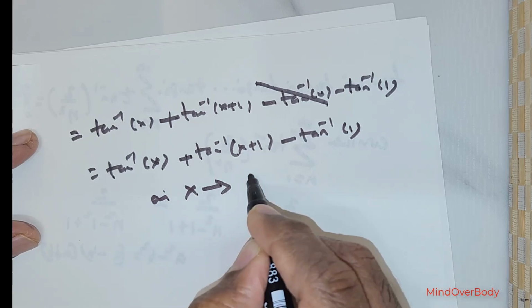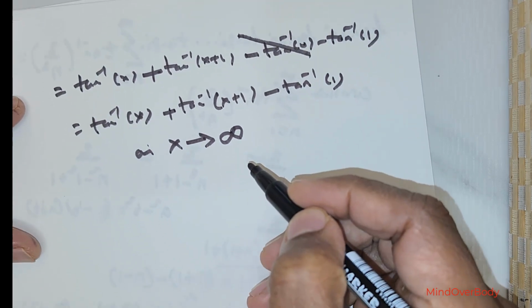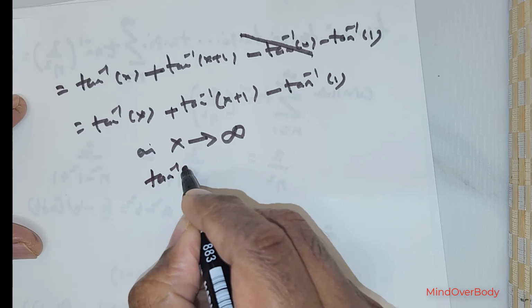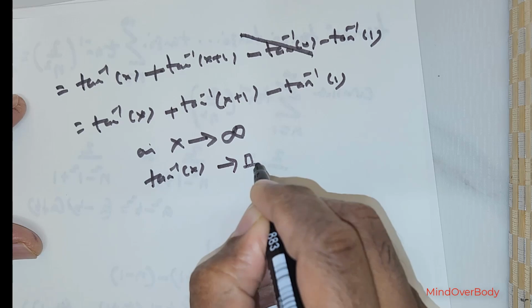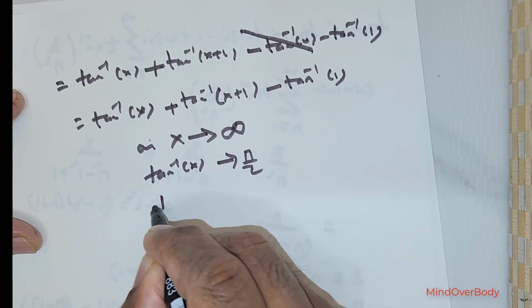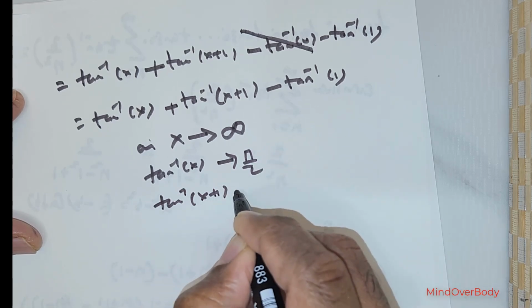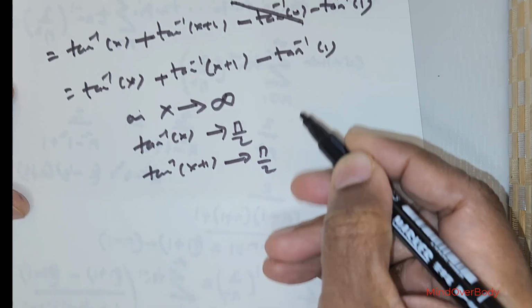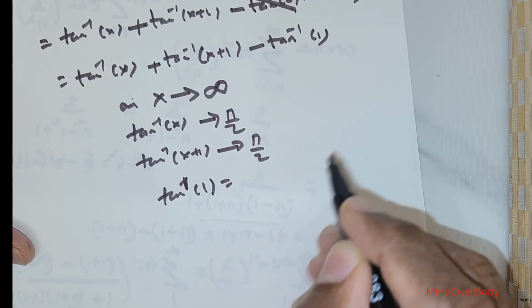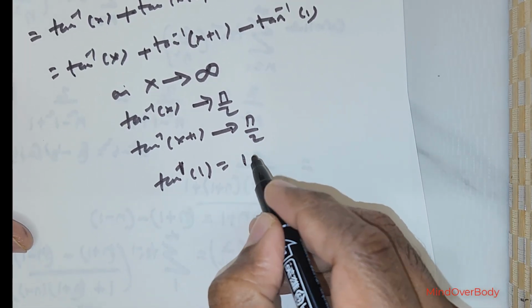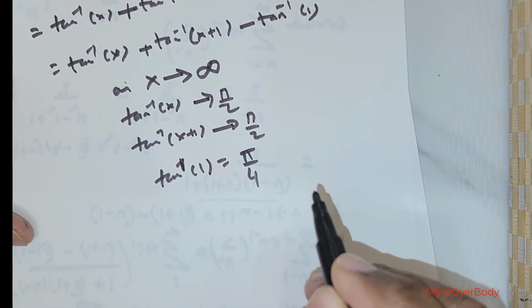Now as x is moving towards infinity, tan inverse of x will tend to pi over 2, and tan inverse of x plus 1 will also tend to pi over 2. Of course tan inverse of 1 is going to give me pi over 4.